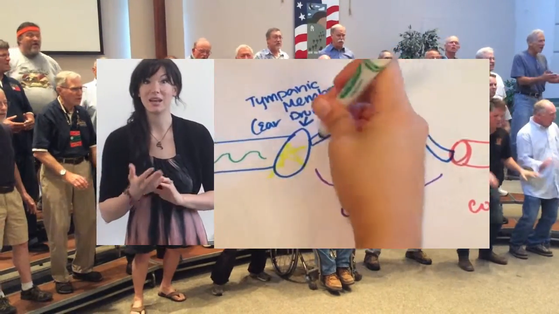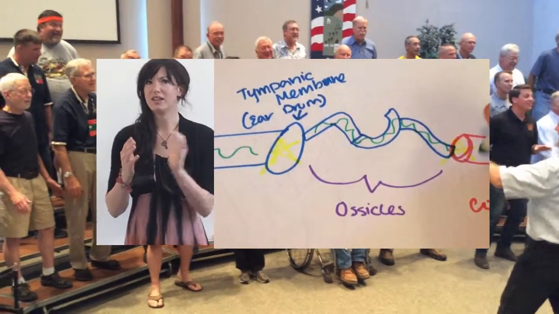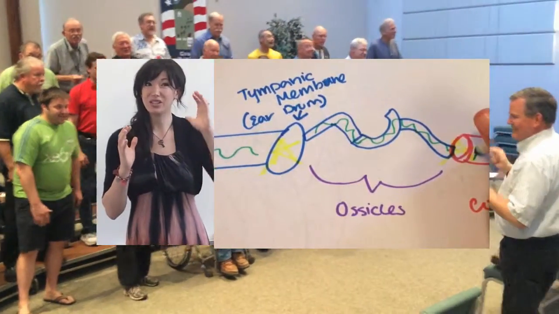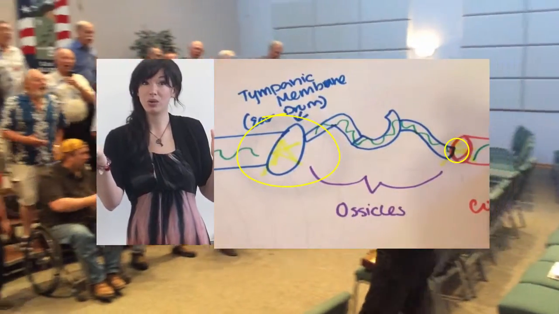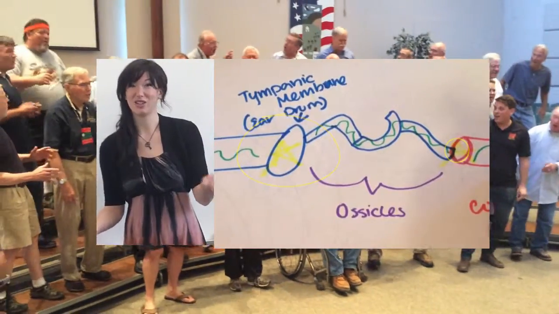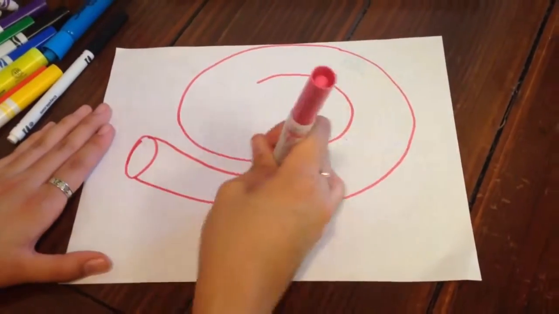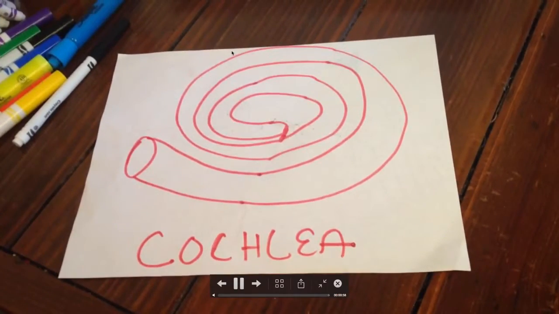These vibrations get passed along the chain of bones, and when they get to the end, the lever action and the difference in area from the big eardrum to the tiny end of that bone makes the vibrations bigger. This is good because your inner ear, the next stop in the process, is filled with fluid, and it's a lot harder to move fluid than air.